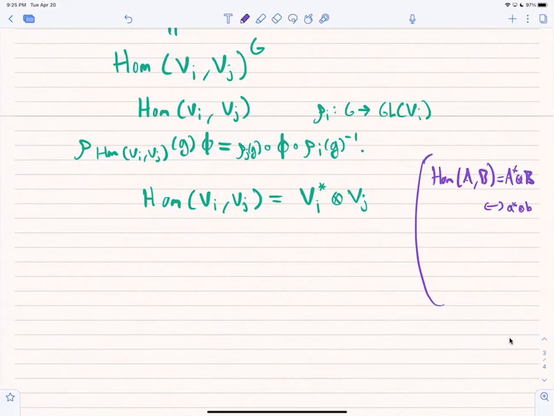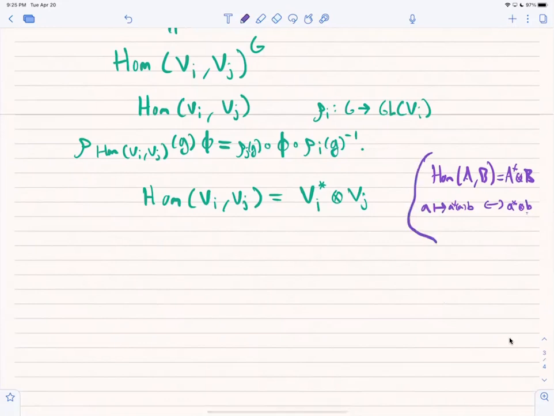If that didn't make sense to you, you should probably think about that. But I'm not defining the map, I'm just saying there is a map, and you can check it yourself if you haven't seen this before. This A dual tensor B maps to the thing that sends an element A in capital A to A dual of A times B. A dual is just an arbitrary element of A dual, and A is just an arbitrary element of A, so there's no relation between them here.